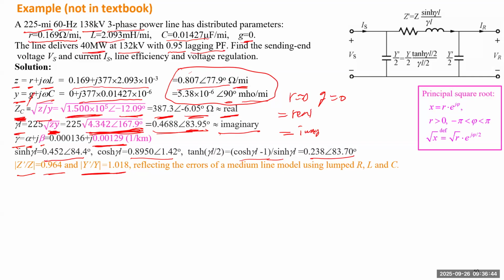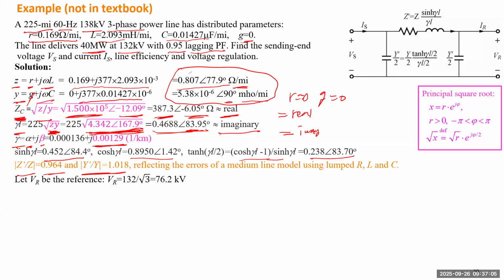It's 1.018, so it only introduces about 2% error. If you believe those two factors are very close to 1, you're fine to use the medium line model without calculating the prime values.